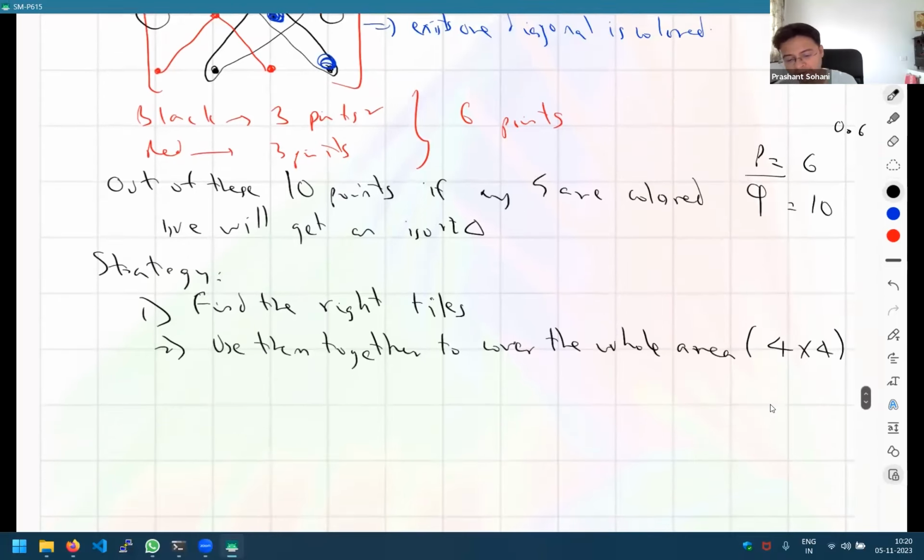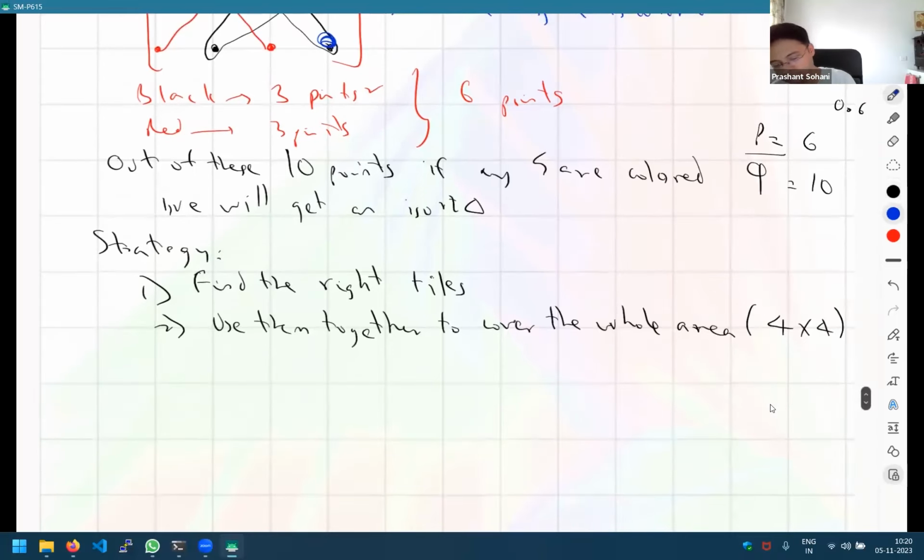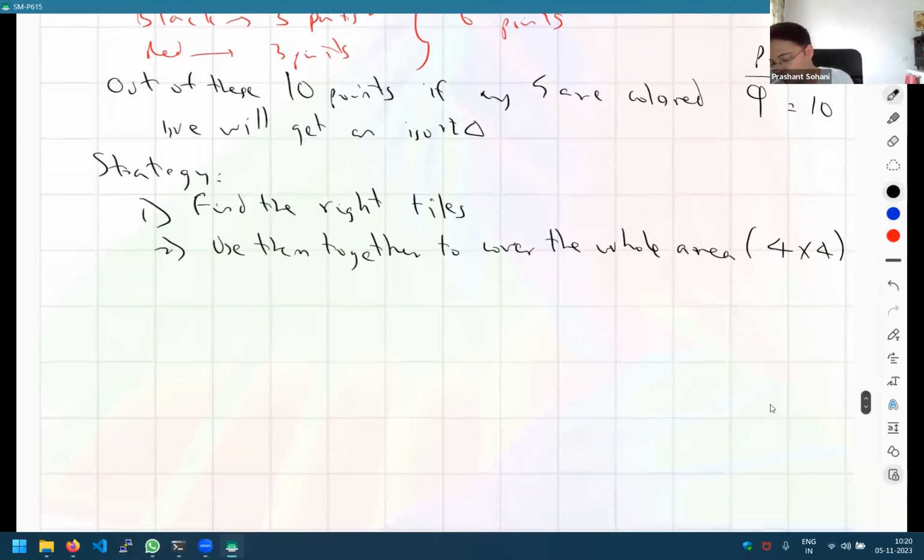So for example, let me just start with an example of how you can try to tile the board. I'll use color or maybe shapes to denote the tile. So all those points which I have circled, that is going to form one tile.